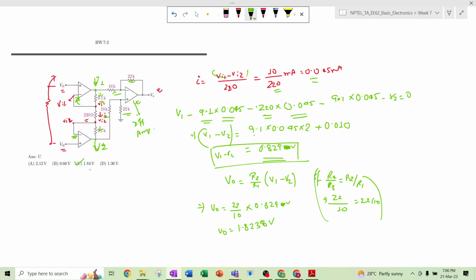Okay, so 1.84 volt. See one thing, whatever we are applying as a differential input, that is V1 minus V2, is only 0.829, but by this difference amplifier we are detecting this difference and amplifying it and we are getting 1.8238 volt, and according to this we can measure this differential input. So the basic use of this difference amplifier is as a transducer.